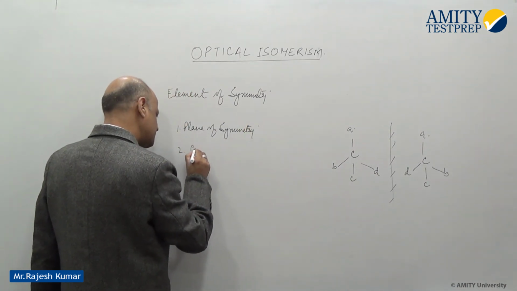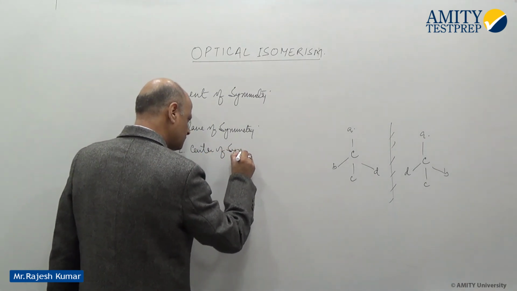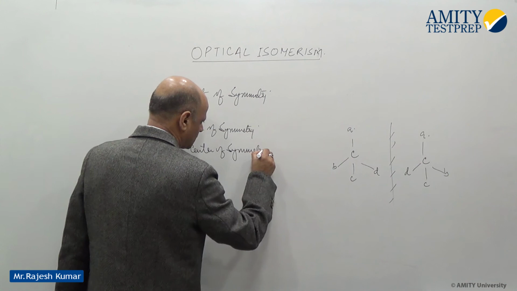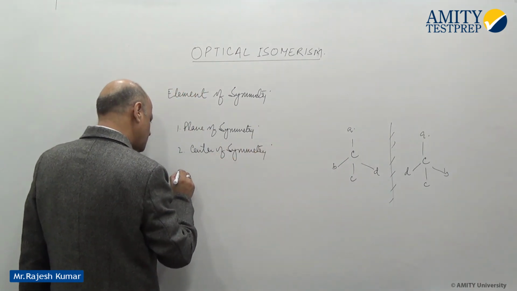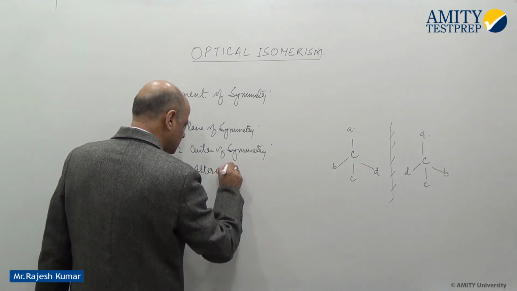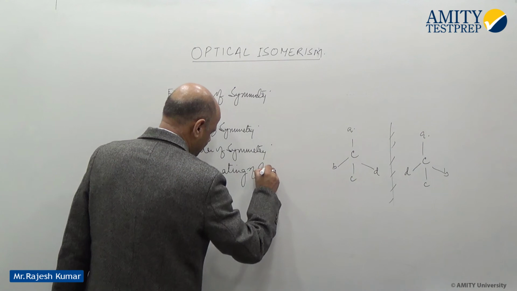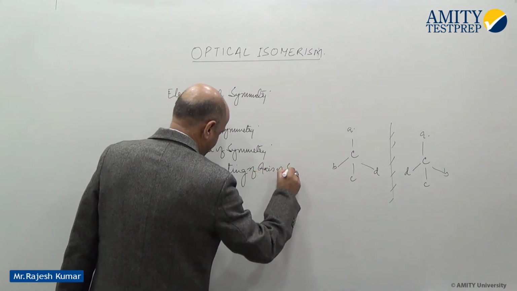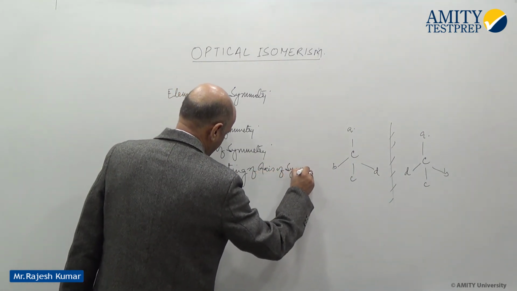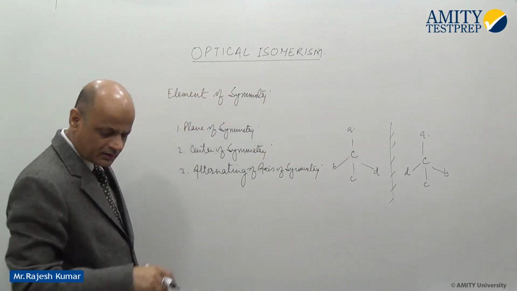Second is called center of symmetry. And the third one is called alternating axis of symmetry.